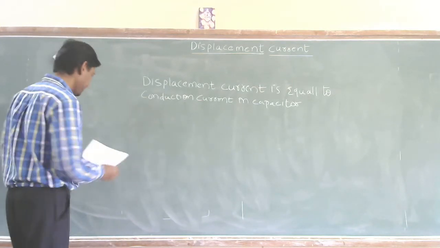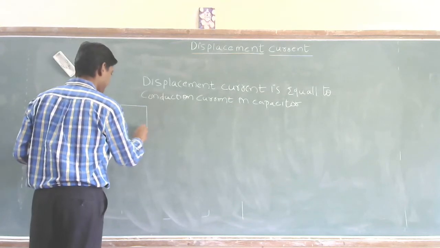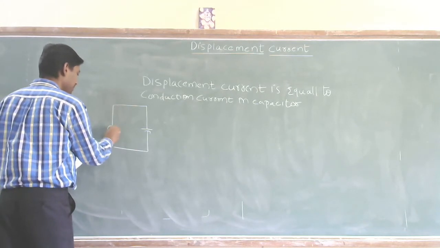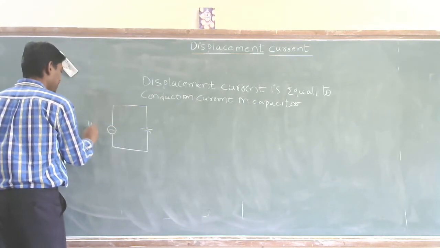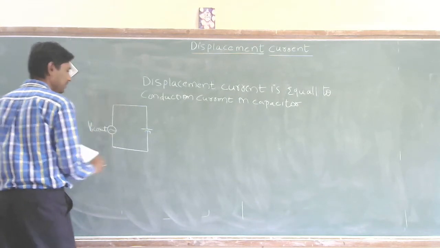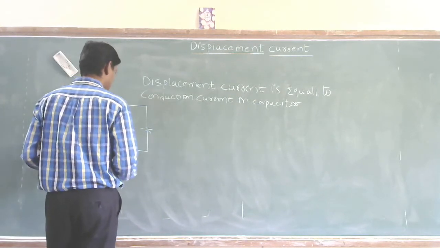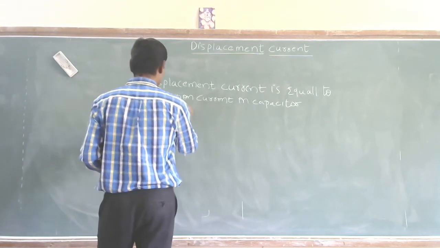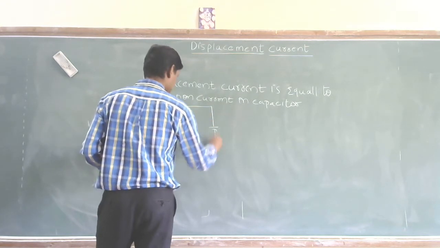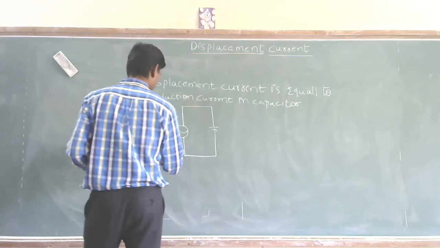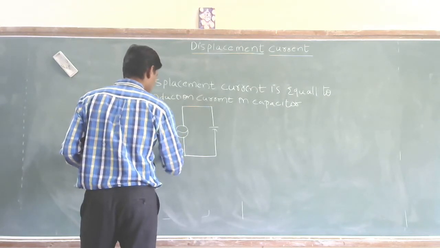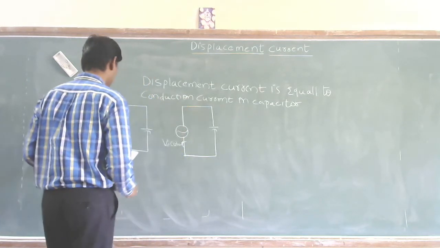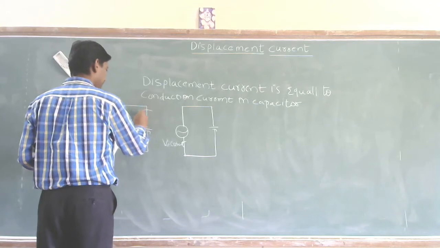So let me take a capacitor which is excited with a time varying source, that is V naught cos omega t. I will take two different scenarios, the same circuit with the same source V naught cos omega t.